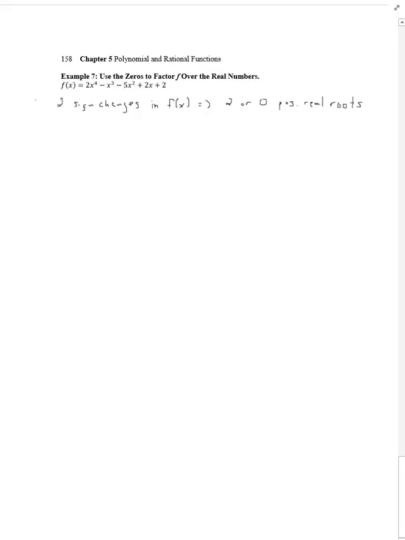Sorry about the horribleness of the writing, guys. Alright, f of negative x, we have 2x to the 4th plus x cubed minus 5x squared minus 2x plus 2. So we have, that's an equal sign. 2 sign changes. So we have 2 or 0 negative real roots.